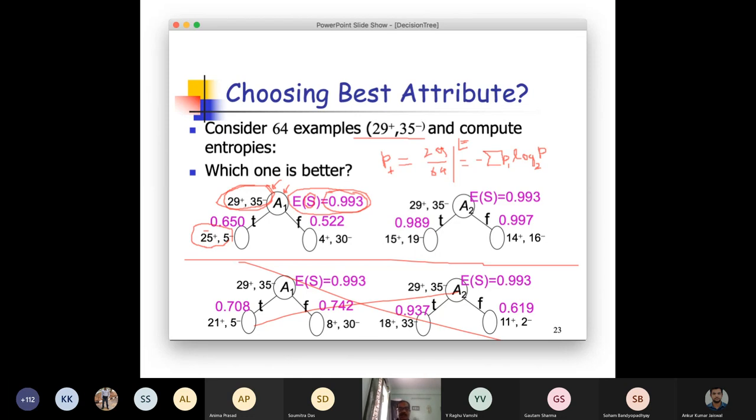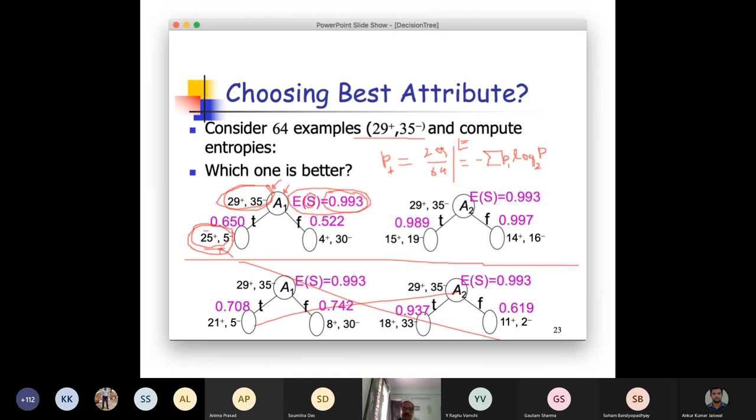Is it clear? So now this is your distribution when the value of A1 is true. When you consider branching with respect to this, you get this kind of training examples. This is the set associated with this node. Now what is the entropy of this node? That is the question.